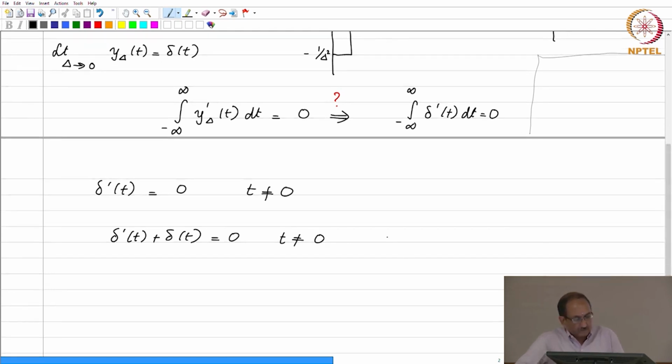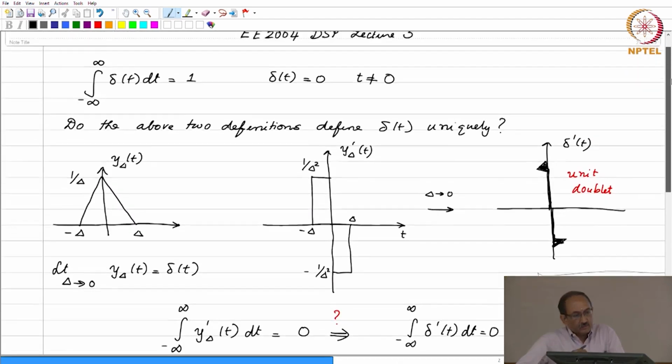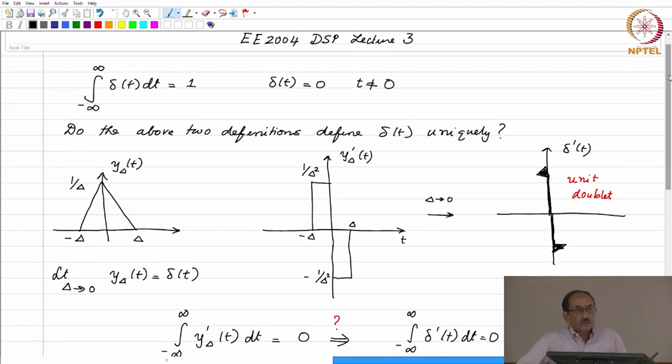And the integral from minus infinity to plus infinity of delta t plus delta dash of t dt, this area is 1. So clearly delta t plus delta dash of t also satisfies these two equations. All right. So now you see the problem with this.